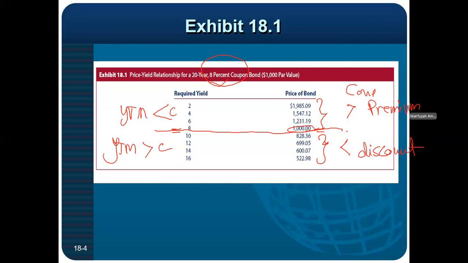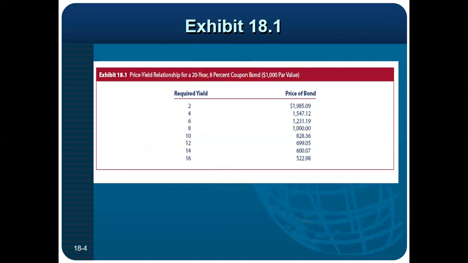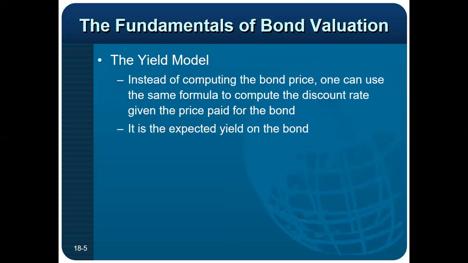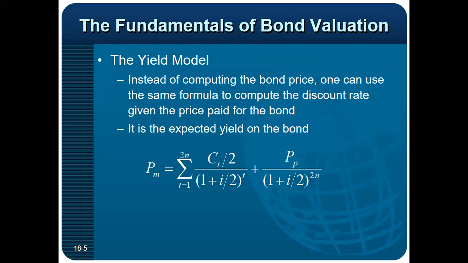That's why the price of the bond is convex. It's like this.